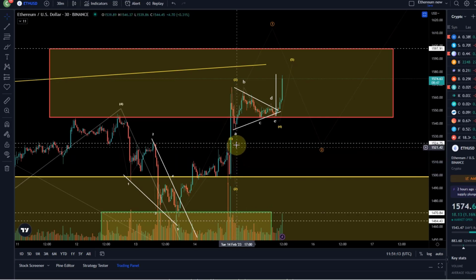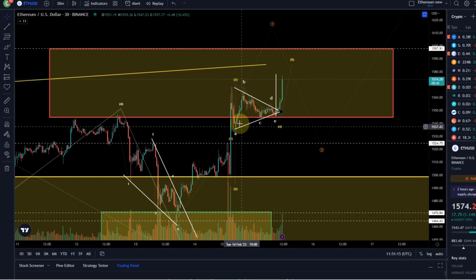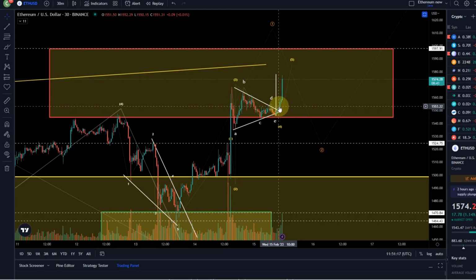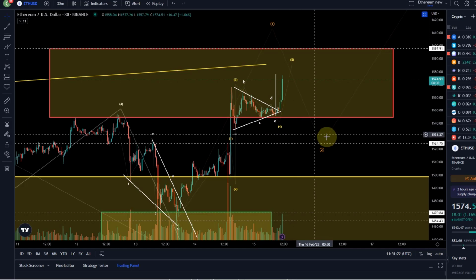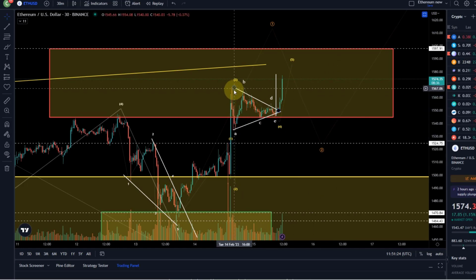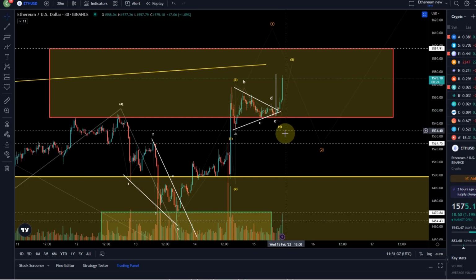What you typically get if wave 2 is a sharp correction, you get in a wave 4 a sideways correction that's based on the guideline of alternation within Elliott, and typically, one of these sideways patterns is a triangle. So we did get the triangle, and pretty clearly, I think yesterday in the video we had a wave C nearly complete, highlighted to you we could get still a D and an E, which we did.